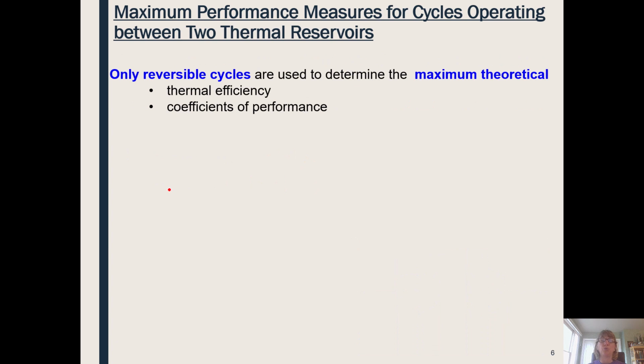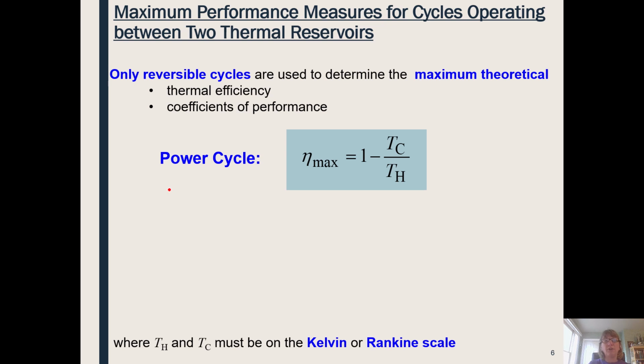Keeping this in mind, we can calculate the maximum theoretical thermal efficiency and coefficient of performance. If we look at a power cycle, we're looking at our thermal efficiency. We can use the temperatures instead of the heat. If we use the temperatures, that will give us the theoretical max of the efficiency we can get for that particular heat engine.